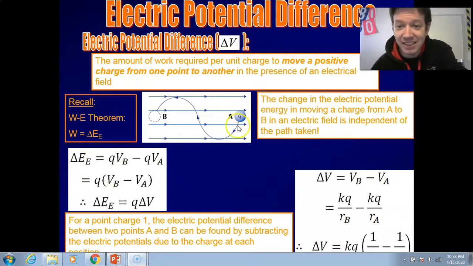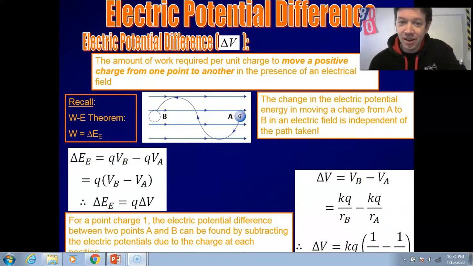To take this charge q from point A over to point B inside of an electric field, there'll be a certain potential at A and a certain potential at B. If we put a charge at A, it'll have a certain amount of potential energy, and if we move it from A to B, its potential energy will change and work will have been done on the system.